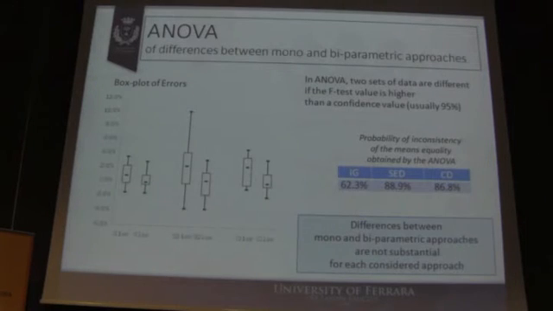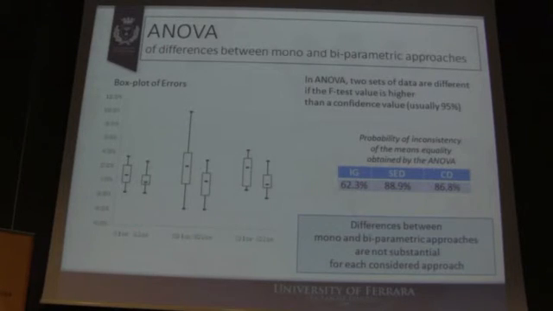I don't know if you are familiar with the analysis of variance. First of all, we can depict a distribution of errors with a so-called box plot or box and whisker plot. So in each method, let us say half of obtained data is within the box.